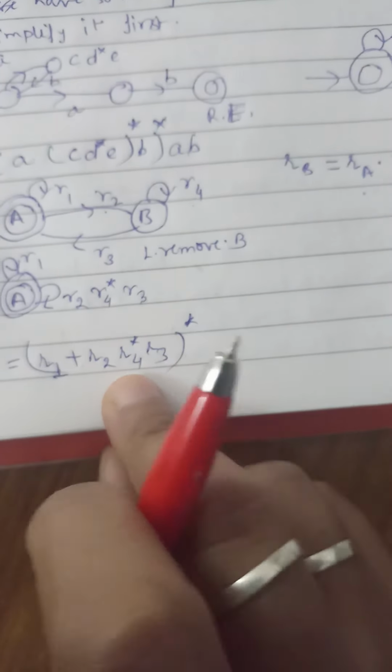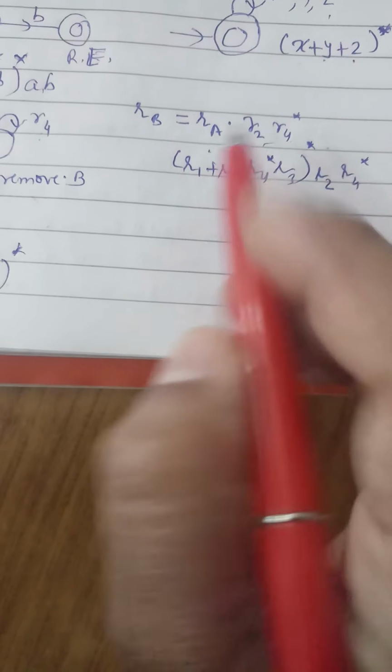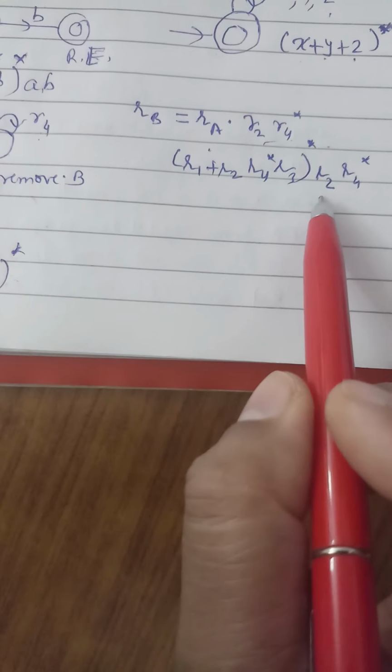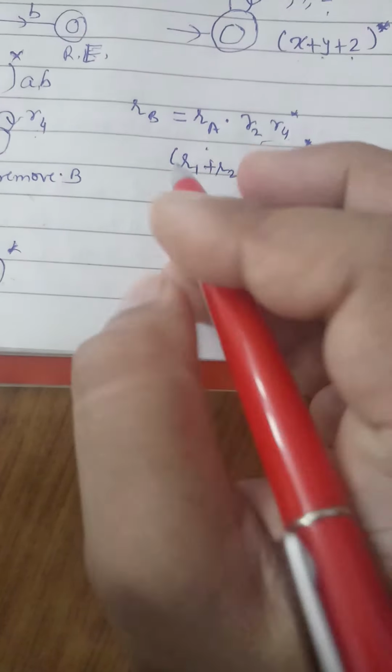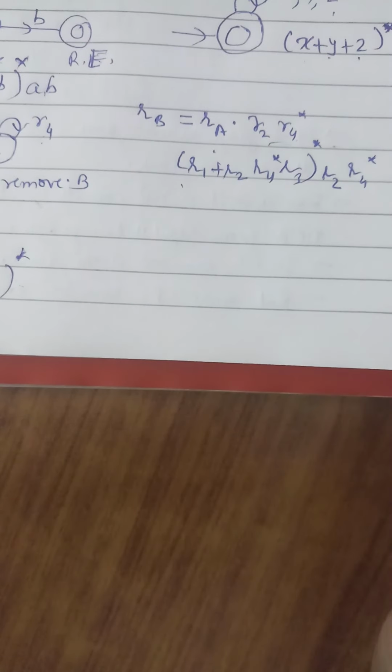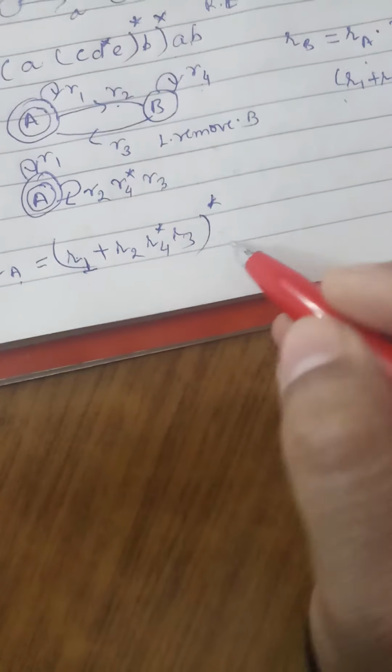R2 R4 star from here. Whatever RA value we get from here, we write here, and then R2 and R4 star. So simply, this is the value of RB and this is the value of RA. In that way we can find the values of RA and RB.